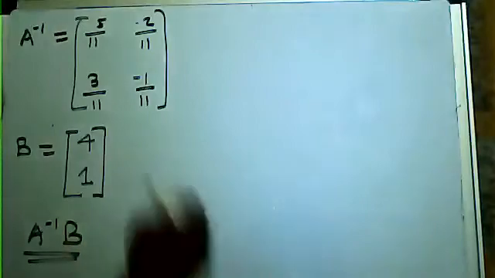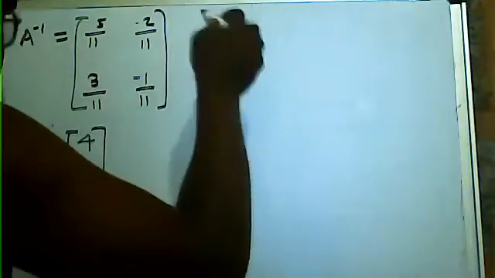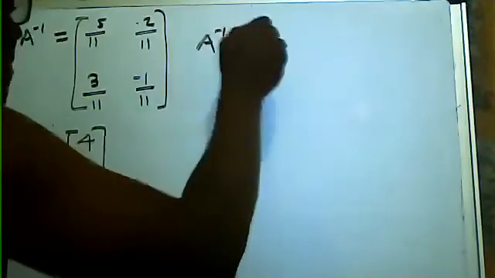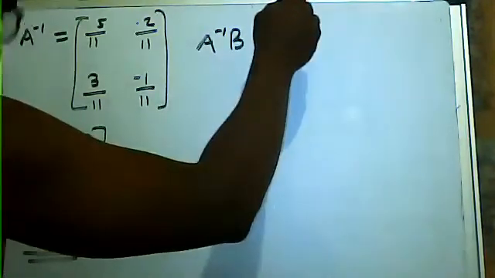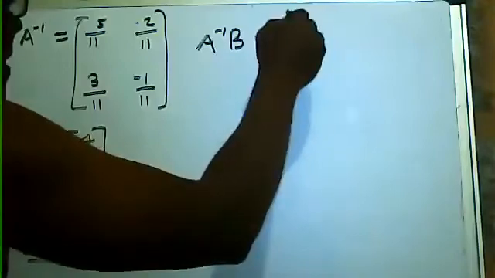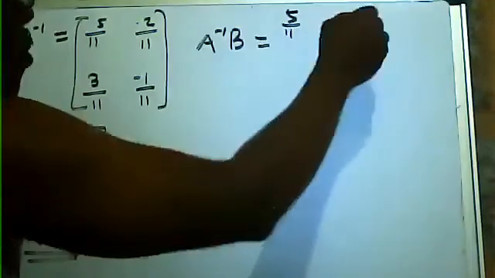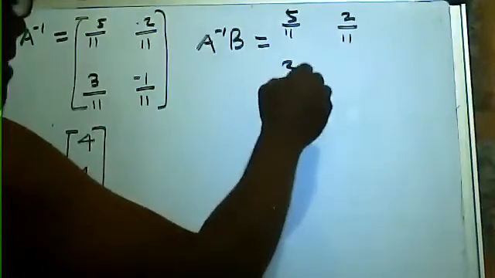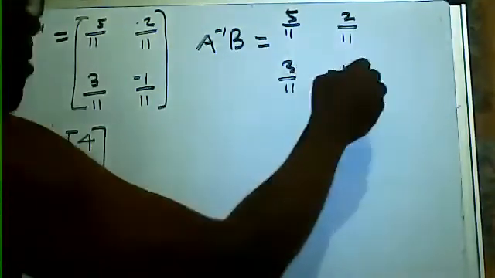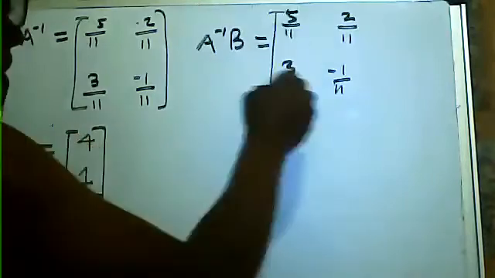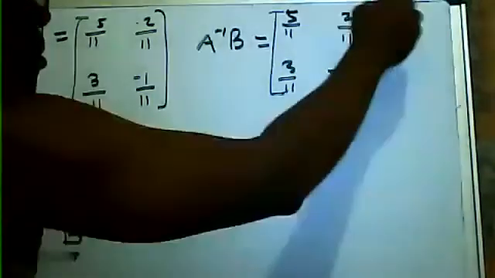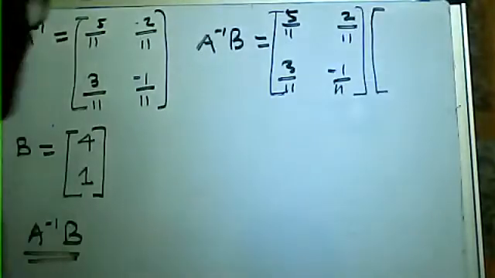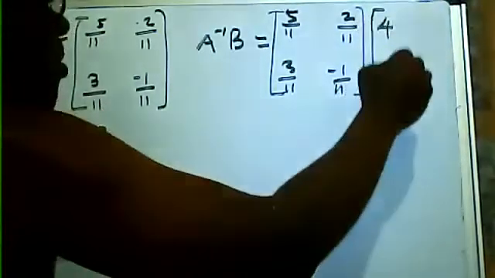So we have our A inverse multiplied by B, which is 5 over 11, 2 over 11, 3 over 11, negative 1 over 11, to be multiplied by 4, 1.